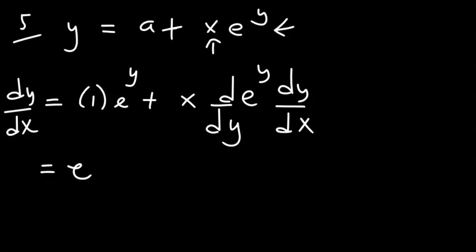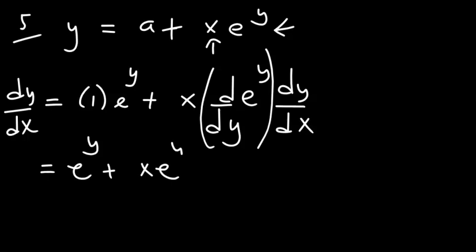So the first term will become e to the power y plus x. Now what is this? That is just e to the power y. When you differentiate e to the power y with respect to y, you get back the original function. And don't forget dy/dx.